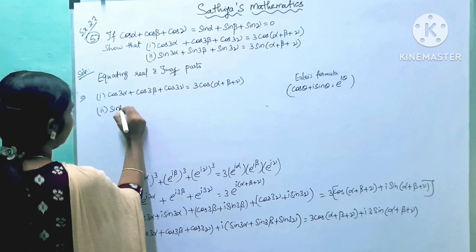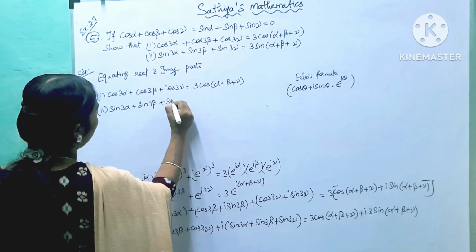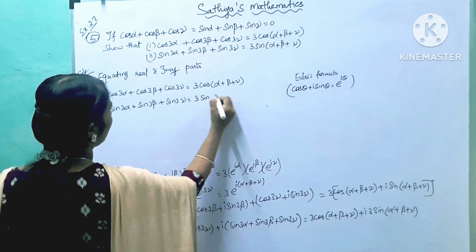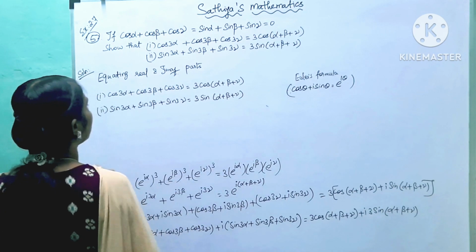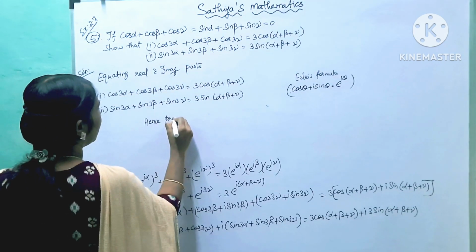By equating the imaginary part: sin 3 alpha plus sin 3 beta plus sin 3 gamma is equal to 3 sin(alpha plus beta plus gamma). Hence proved.